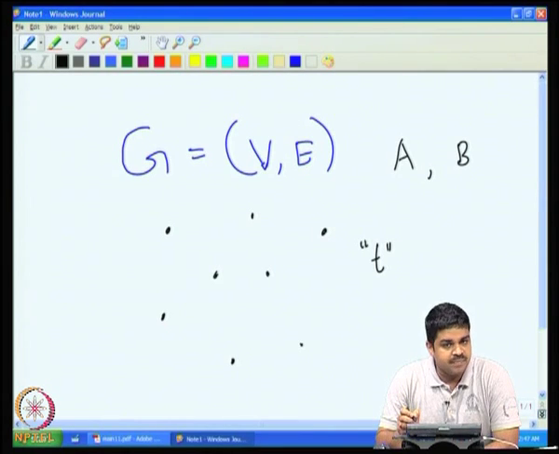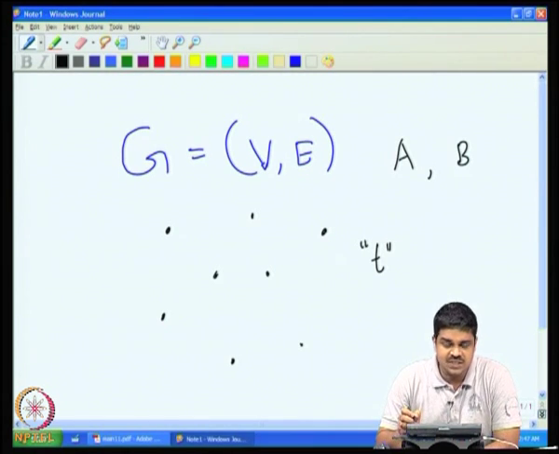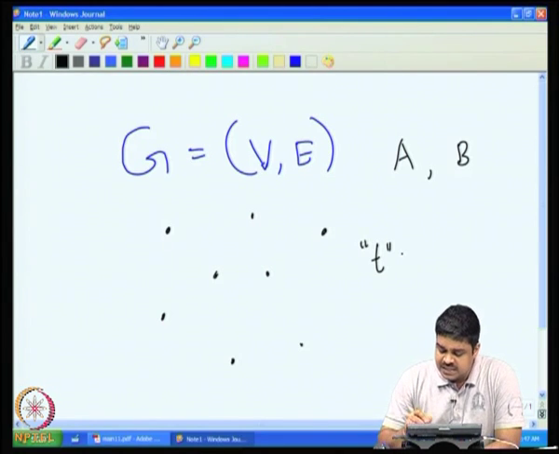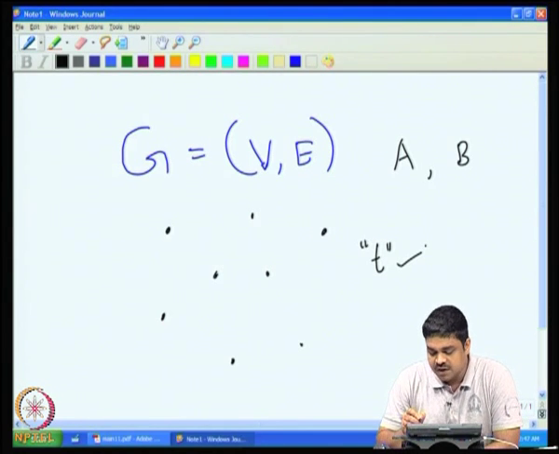Otherwise, the path from which no vertex is removed will remain in the graph, so an AB path will remain. So A will not get separated from B. Therefore, at least t vertices we will have to remove if we want to separate A from B.